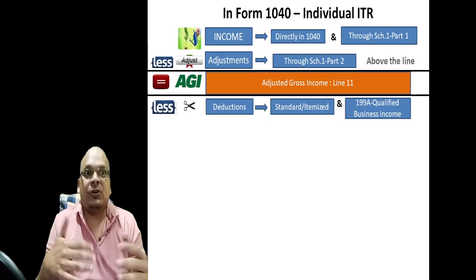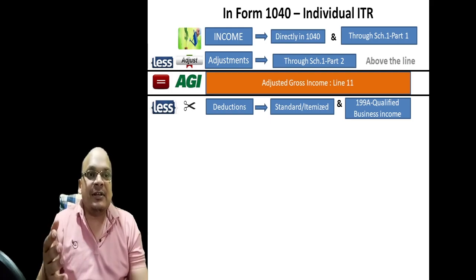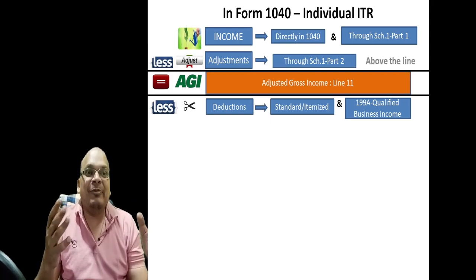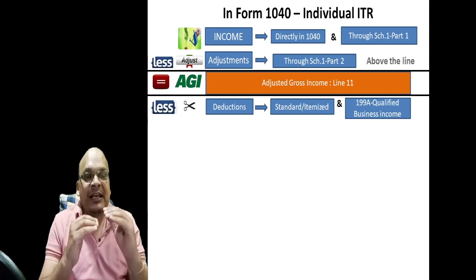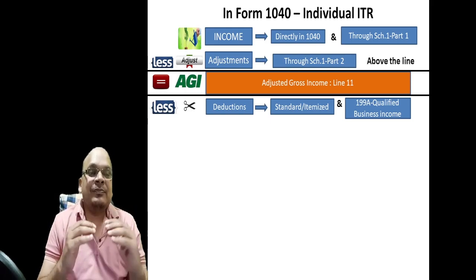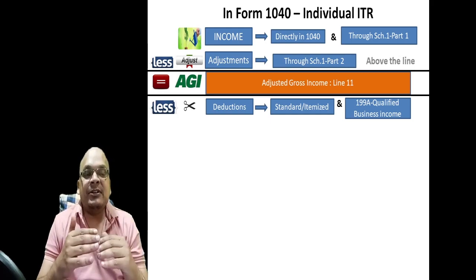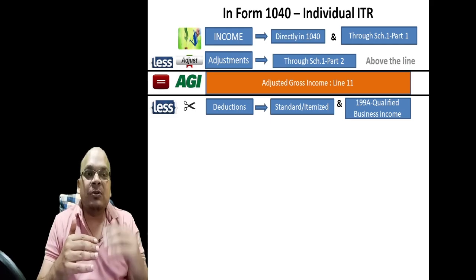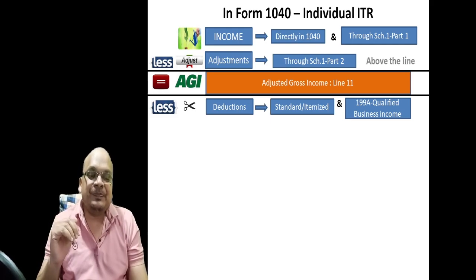And what are deductions called below the AGI? Below the line items. You should remember all these things before your name, before your identity, if you are a US tax professional. So when we talk about AGI, remember it's a line 11 item. Any deduction above AGI is an above the line deduction, and any adjustments or deductions below AGI are below the line deductions, right?